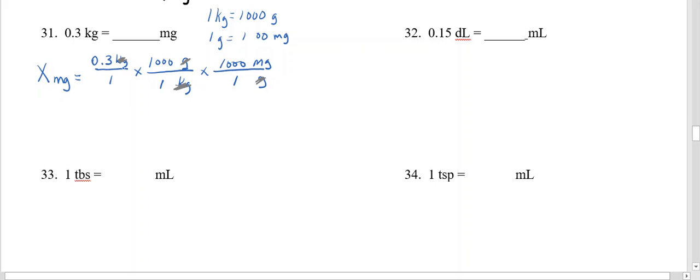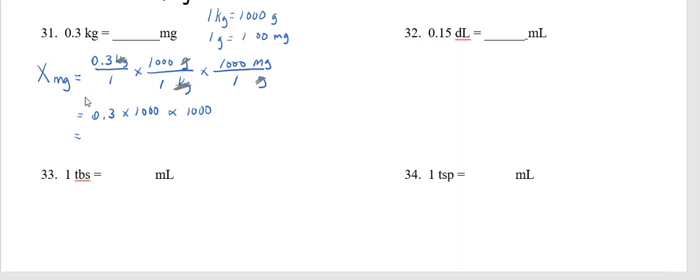And then I have 0.3 times 1,000 times 1,000. Okay. So when I do times 1,000, I'm going to move my decimal 3 places to the right.